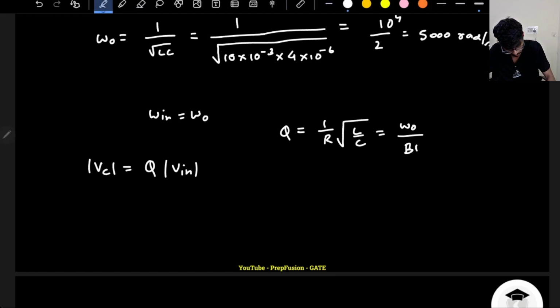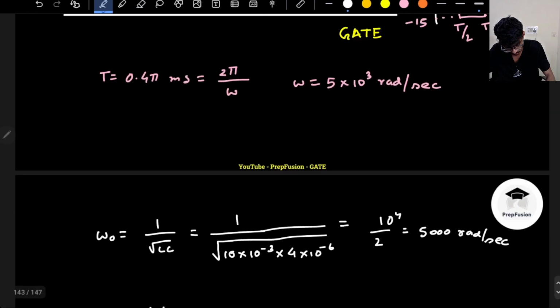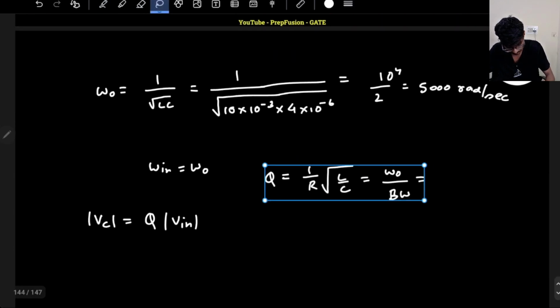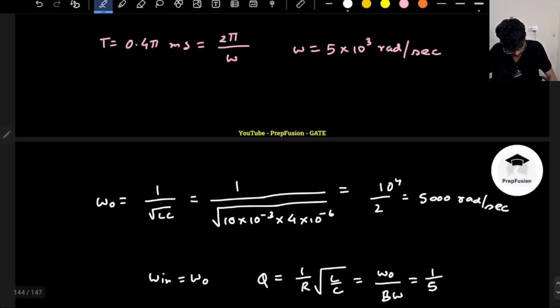So under root L by C. So what is 1 by R? R is 5 ohms.